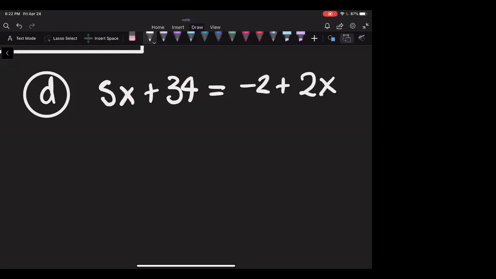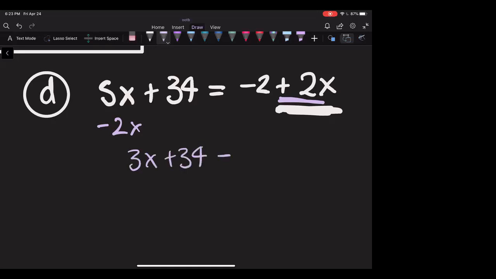So you have 2x, right? Is it adding or subtracting? Adding. What's the opposite? Subtraction. So we're going to subtract 2x. Okay. Yes. 3x.